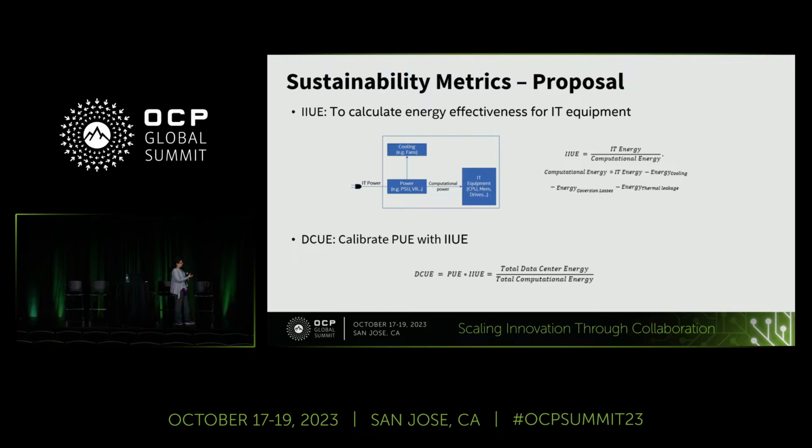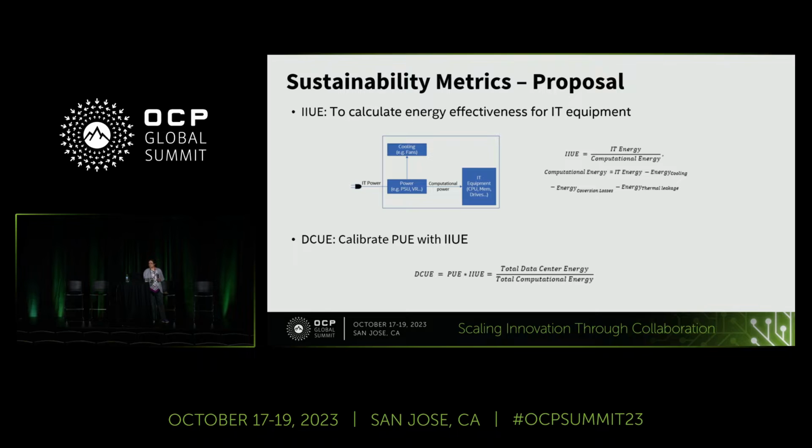So that becomes your computational energy. So that, if we further calibrate that with PUE, that gives you data center usage effectiveness. And that is the metric that the OCP workstream is driving. I won't go into more of this, but I wanted to cover what the challenges are in today's world.